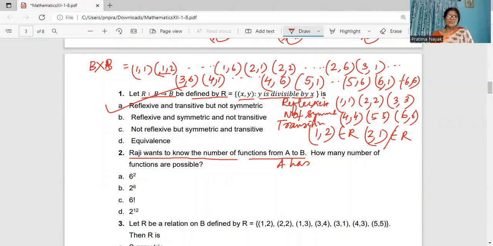If you know, you can find the answer yourself, or you should note this formula.